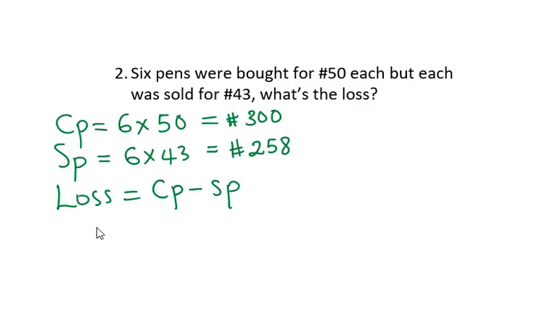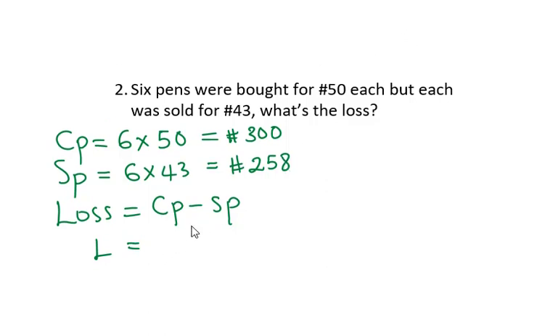From here we can say loss is L. What is the cost price? We have cost price to be 300, so we'll subtract 258 from that, and our loss will be 300 minus 258. 300 minus 250 is 50, minus 8 is 42.